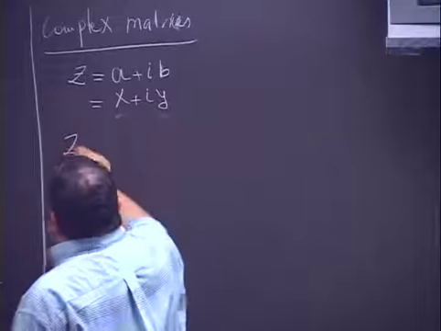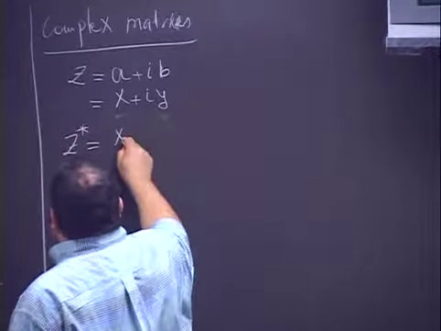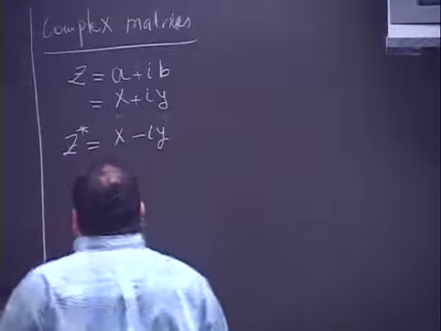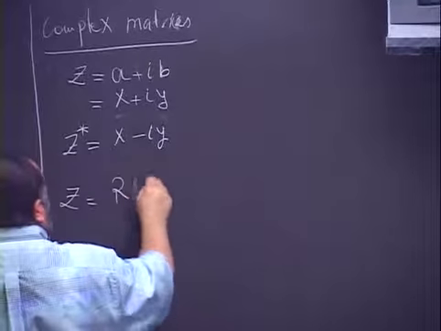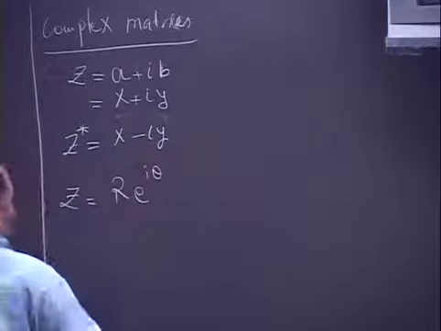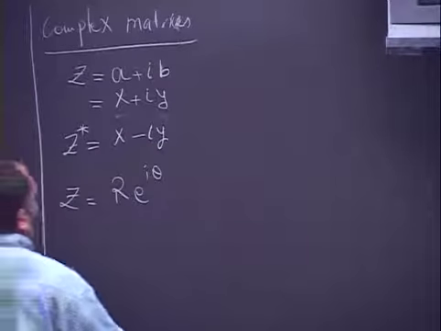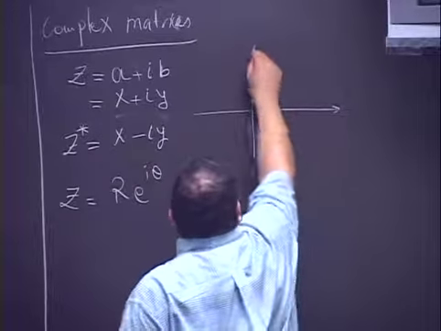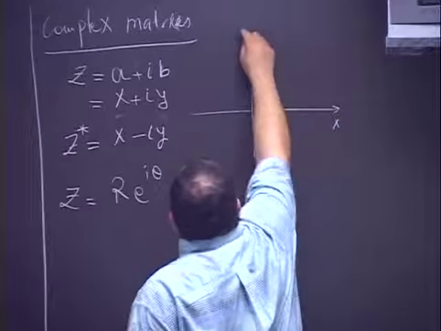And what's the z complex conjugate? It's x minus iy. You can still represent z as r e to the power of i theta. So this is x, this is y.